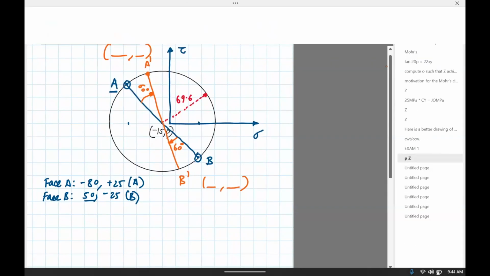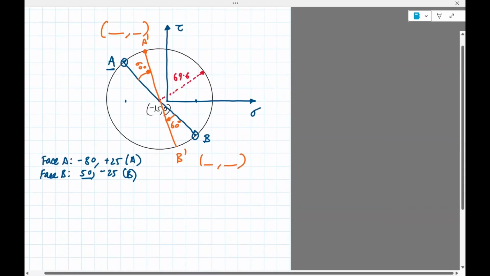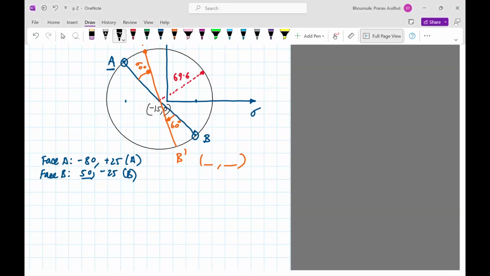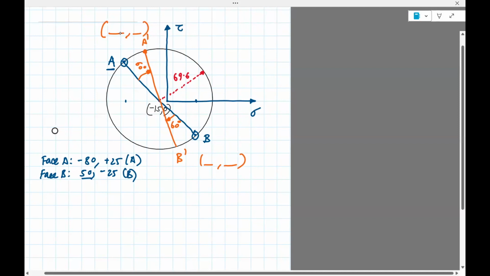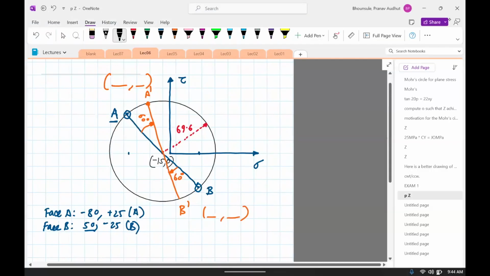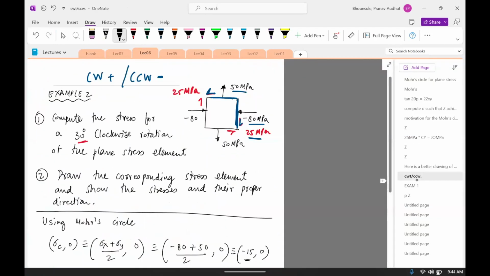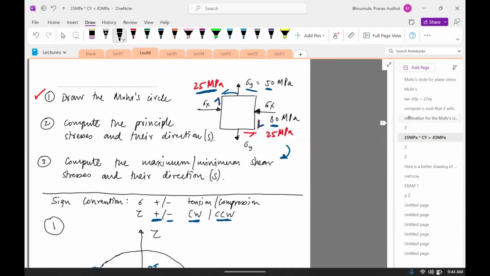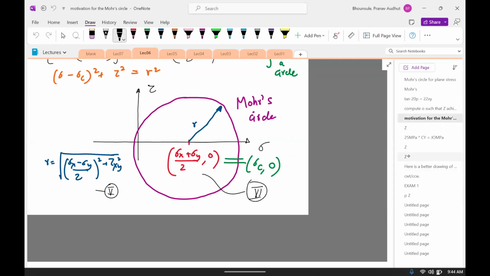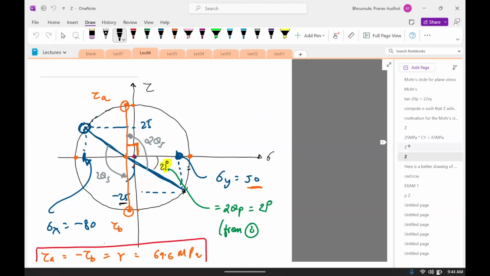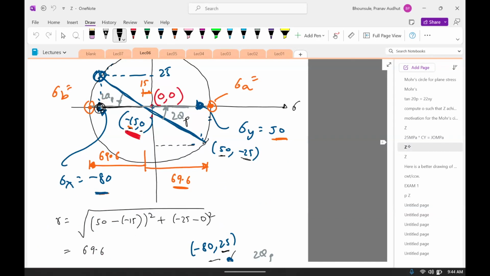So for that, I can use some trig to figure that out. What I had found earlier in the past for this problem, so this is a calculation you need to do again, was the angle which face A makes with the horizontal or the principal axis.